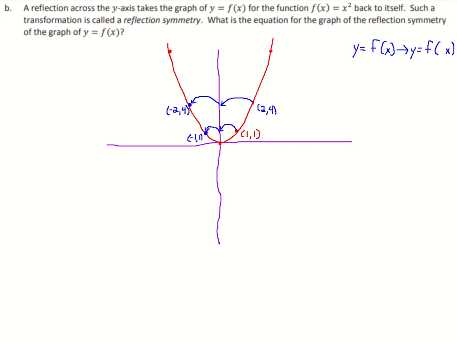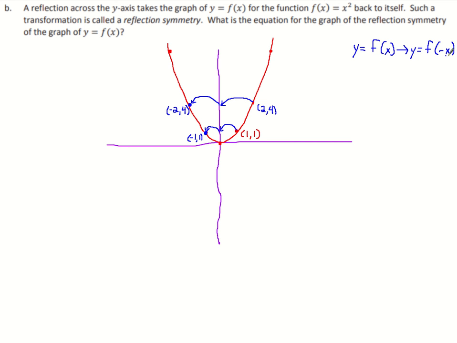It's just that both sides were the exact same, so it didn't make any actual difference. So instead of this being y equals f of x, technically it's going to be y is equal to f of negative x. The thing is that it just still looks the same for f of x is equal to x squared.